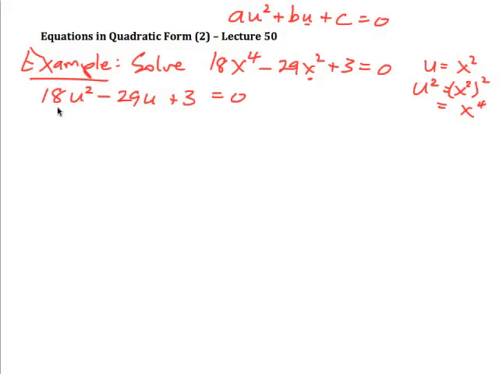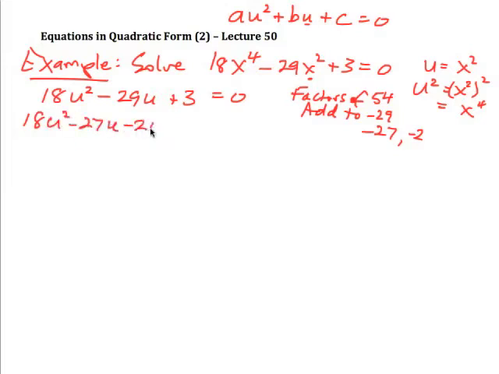We can apply our methods to this to look for factors. So we'd look for factors of 18 times 3, which would be 54, that add up to negative 29. Well, I think negative 27 and negative 2 would do the trick. So this would be 18u squared minus 27u minus 2u plus 3 equals 0.